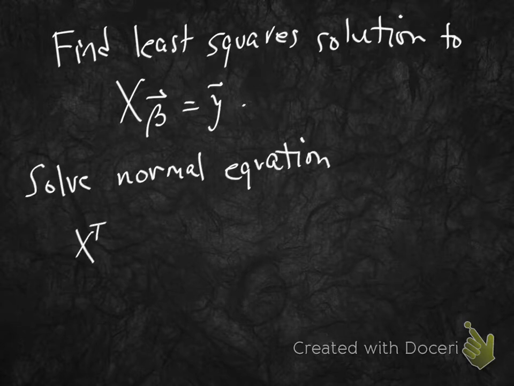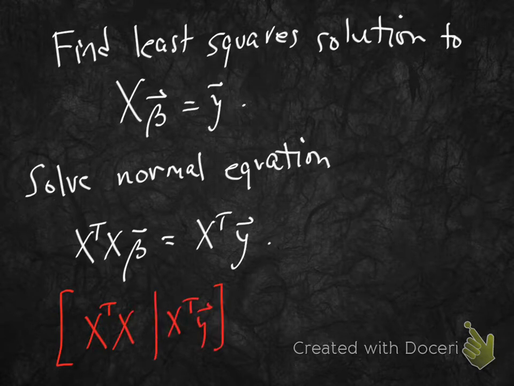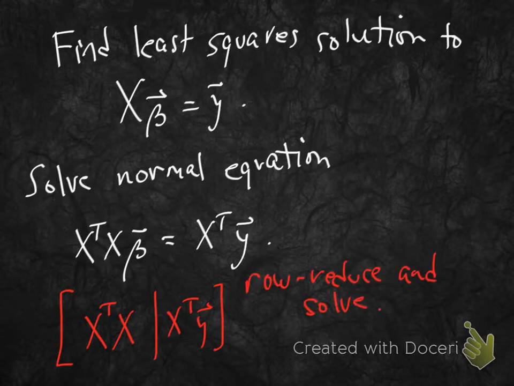So in order to find a least squares solution to X beta equals y, we solve the normal equation X transpose X times beta equals X transpose y. What does that mean for us computationally? We have to compute X transpose X. We have to compute X transpose y. We set up the augmented matrix, and we row reduce to solve.